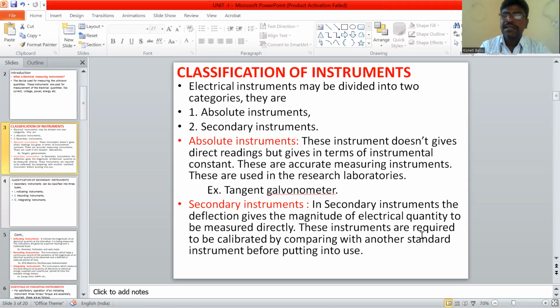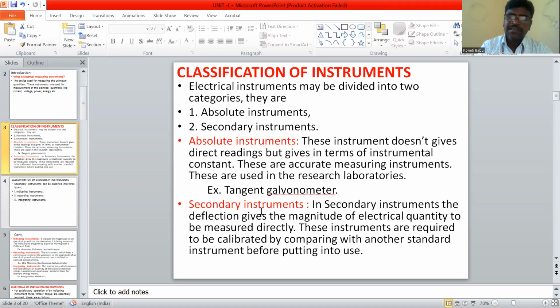That means they require pre-calibration. This type of instrument measures directly, based upon comparison with the standards, so it is called a secondary instrument.